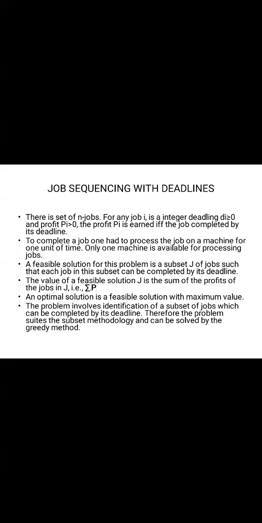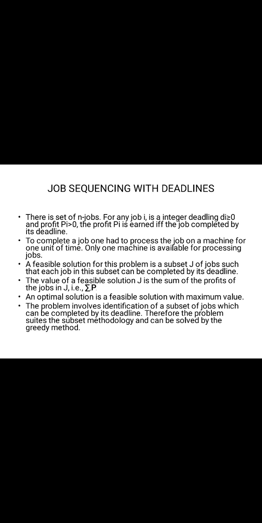There is a best example for the greedy approach: job sequencing with deadlines. This is very important from the university point of view for the end exams. There is a set of n jobs. For any job i, there is an integer deadline di greater than or equal to 0, and profit pi greater than 0.